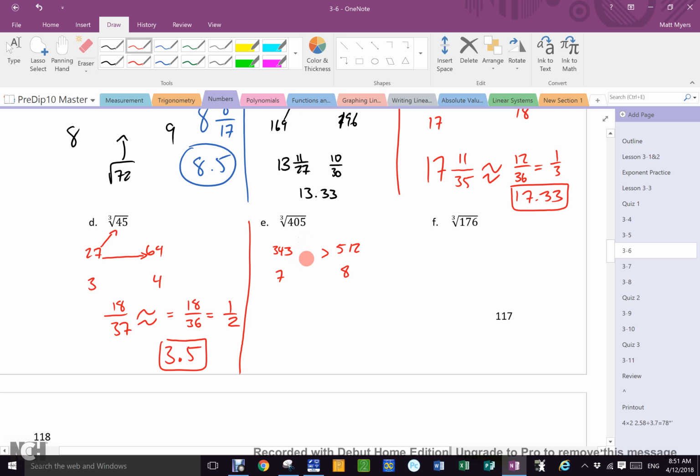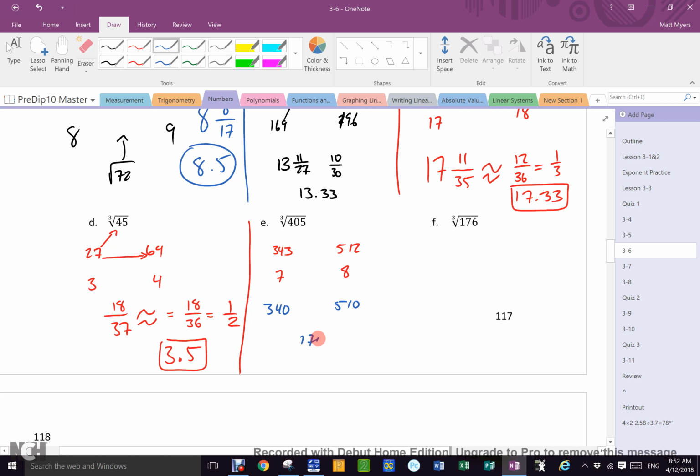Now, why is E tricky? The numbers are pretty big, right? If we're working it in our head. But we're only estimating, aren't we? So isn't that pretty close to 340 to 510? Right?